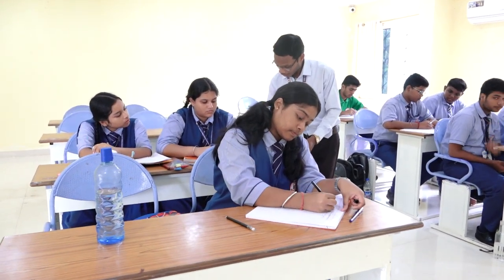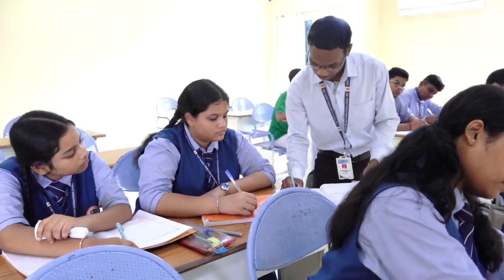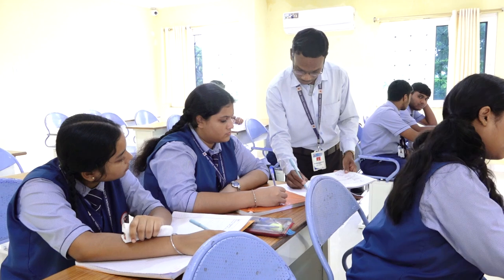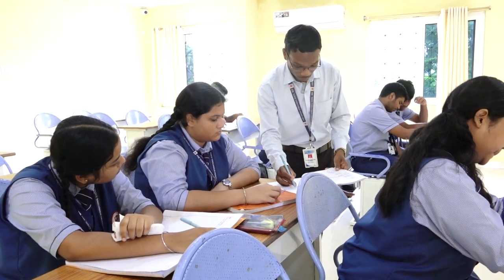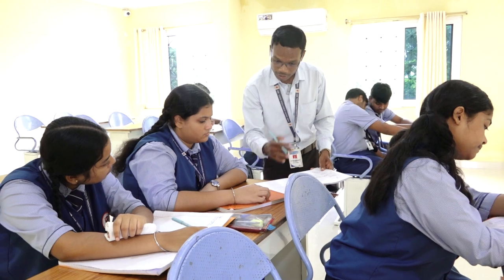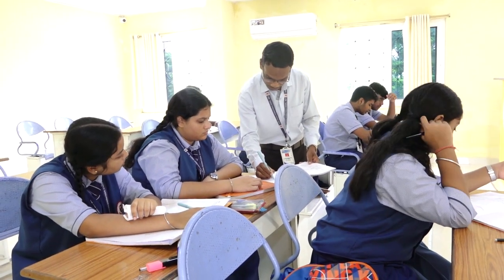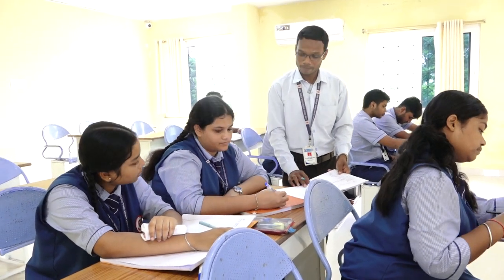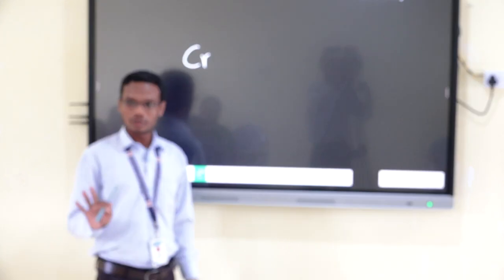Just keep it. After 4s, next orbital is 3d. Similarly, it is 4s2 and 3d4. But think, 3d4 is near to 3d5. So it will become 3d5 and 4s1. Clear now? Okay. All of you clear about it?